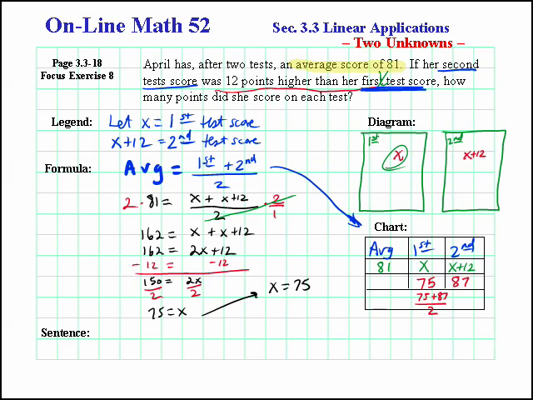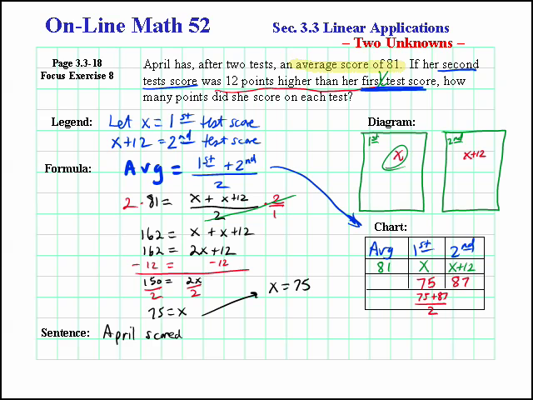And let's see, the question is, how many points did she score on each test? I'm going to write this. April scored 75 points. Whoa. Forgive me for that. That's pretty ugly.